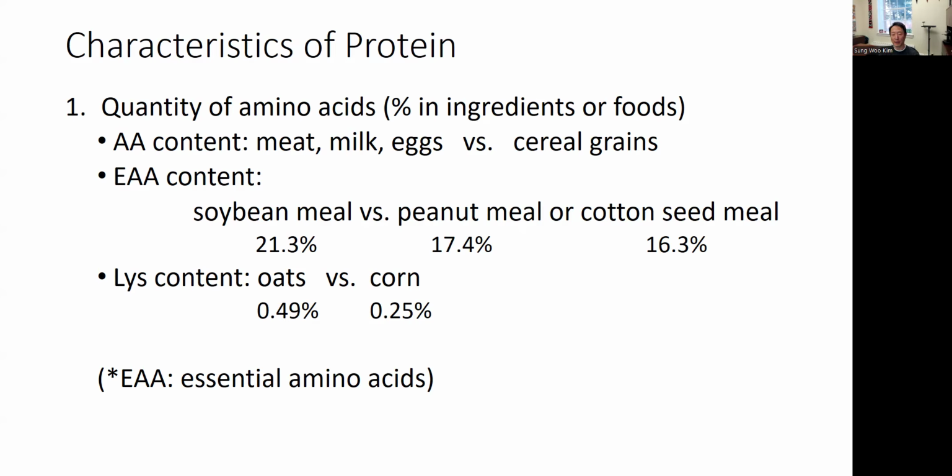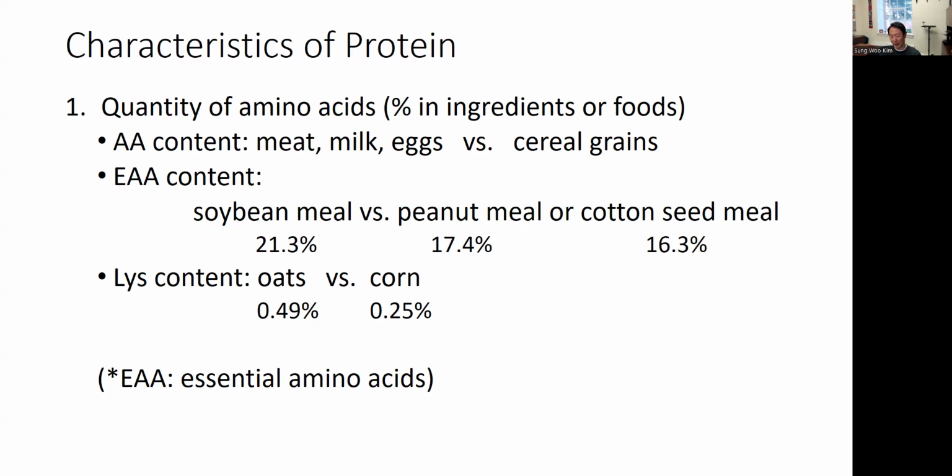Now we are talking about a very specific amino acid called lysine. Lysine is a good example telling people the quality of protein because most food or feed doesn't have enough lysine that is needed by animals and humans. Right?